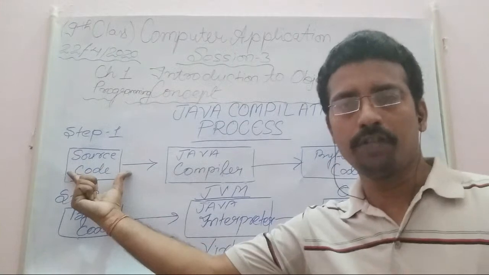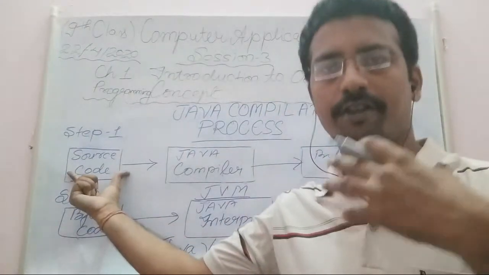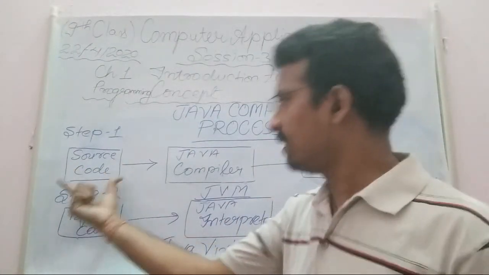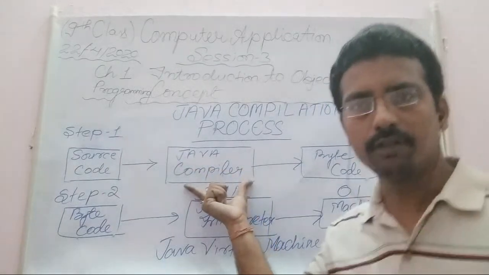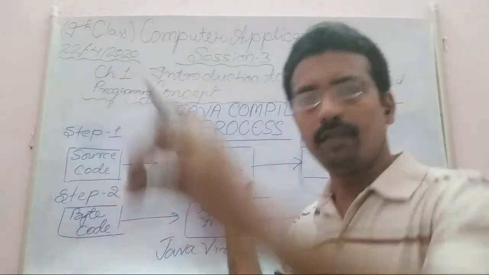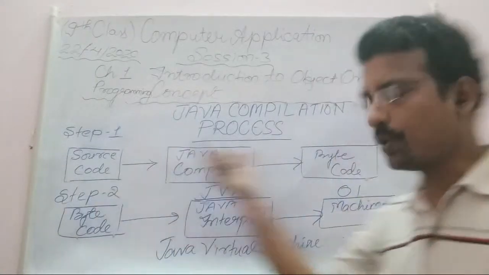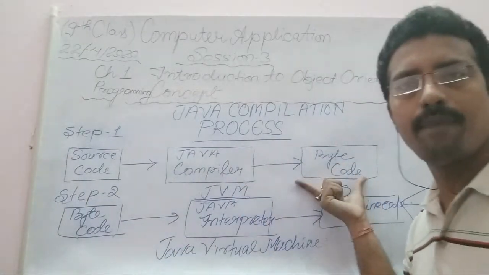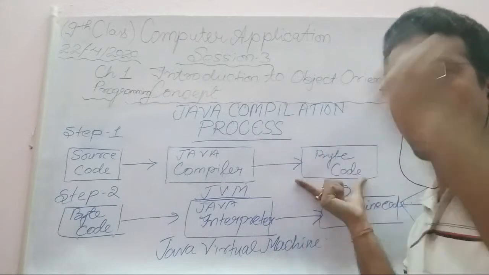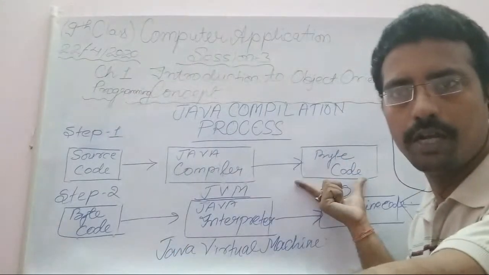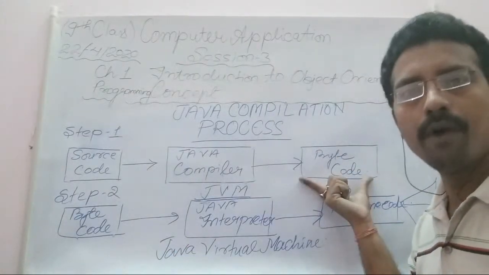Source code of Java, means the program we write, is given to the Java compiler first in the Java environment. This Java compiler converts source code into machine independent code, a code which can easily run on any machine, called bytecode.